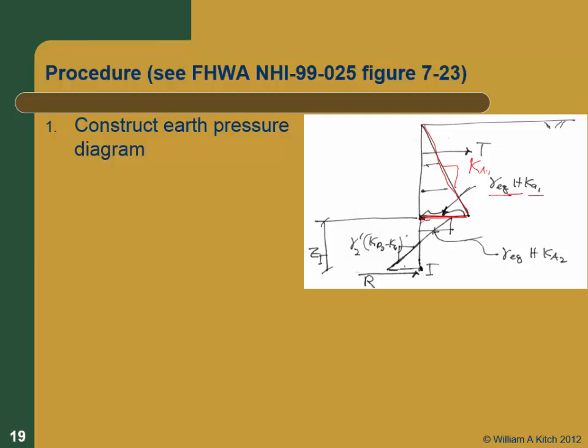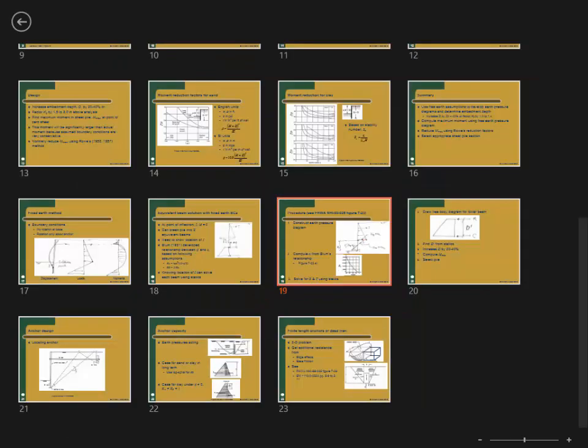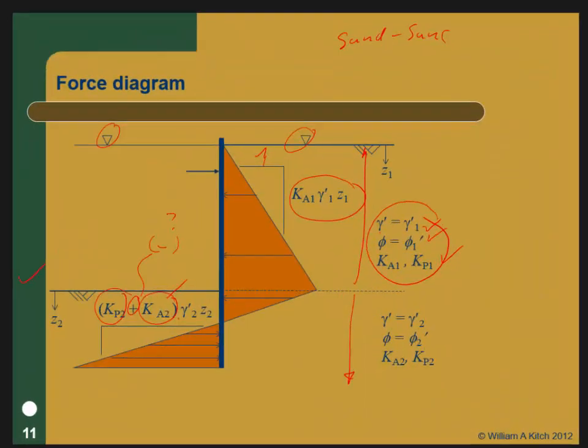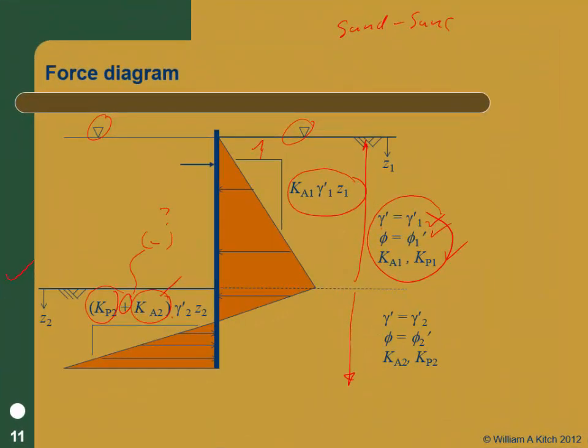And then this earth pressure diagram is going to start off at gamma equivalent times h, that's gamma equivalent from the surface, times Ka2, because your active earth pressure in the base could be different than your active earth pressure in the top. Remember we said before we were going to assume that we have gamma 1 prime in the top and gamma 2 prime in the bottom, and Ka in the top and Ka in the bottom.